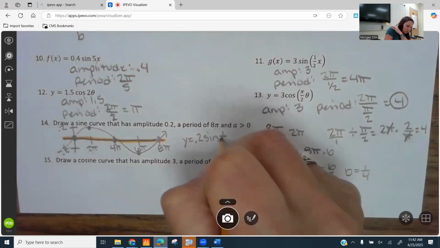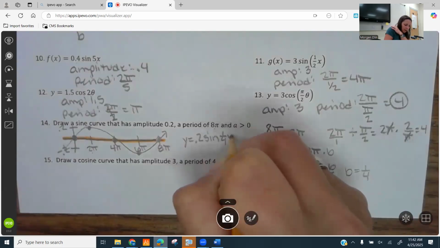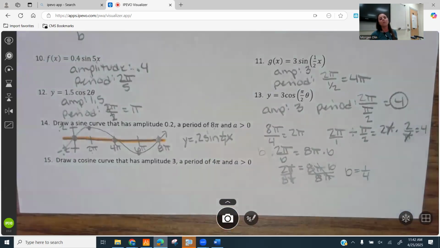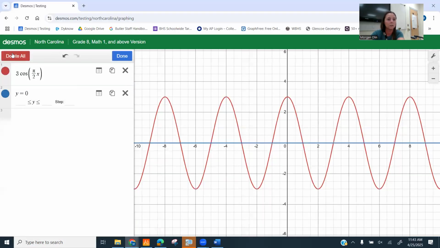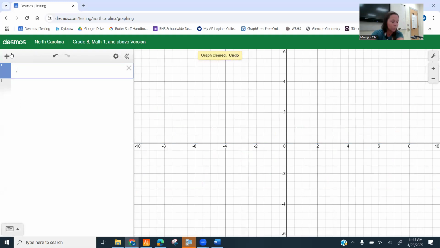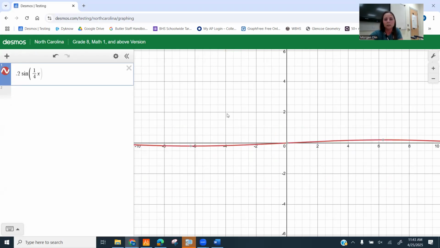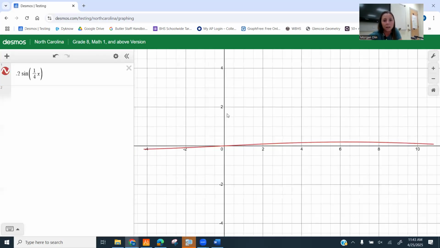So when I write the equation, 1/4, we'll just put x. And if you want to graph this and verify that that's what it is, you can. All right, so here and see what it looks like. So 0.2 sine of, make sure you put parentheses, 1/4 x. Now, obviously it's not that high.